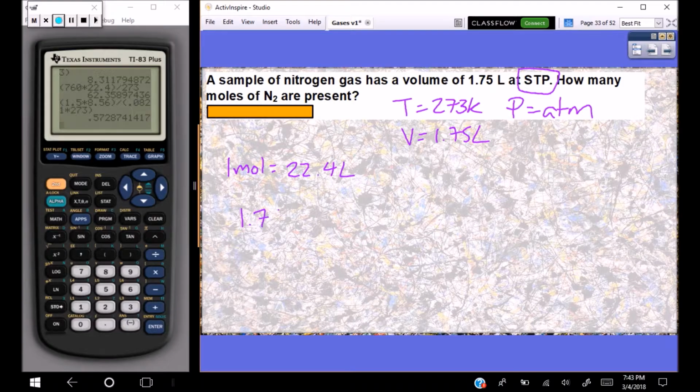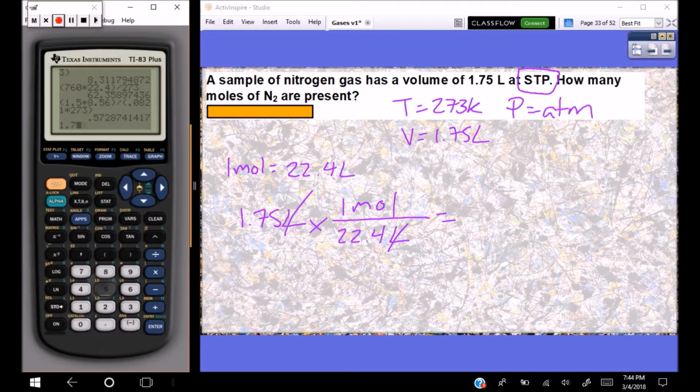If I've got 1.75 liters, you can probably guess that we're using this as a conversion by now. 1 mole of a gas is 22.4 liters, so I certainly have less than a mole because my volume is smaller than 22.4 liters. But if I go through and check, those are going to cancel out, and I will get my moles of gas.